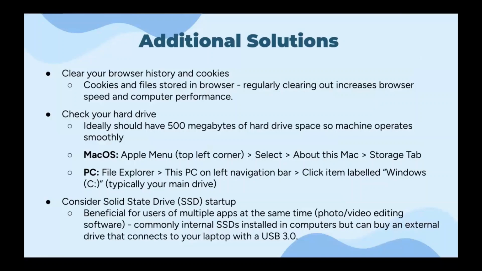Check your hard drive. Ideally, you should have at least 500 megabytes of hard drive space so the machine operates smoothly. For Mac OS, click the Apple menu on your top left corner, select About this Mac, and then you can click the Storage tab.